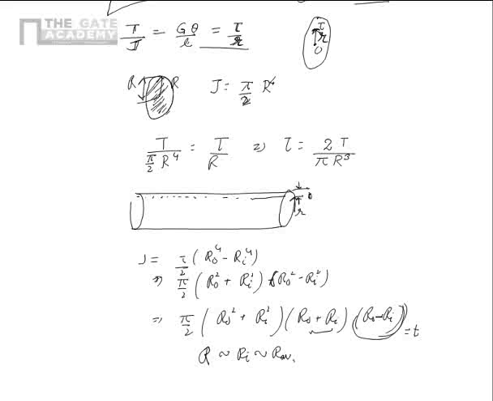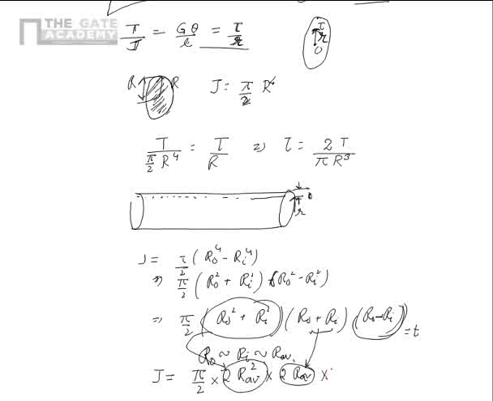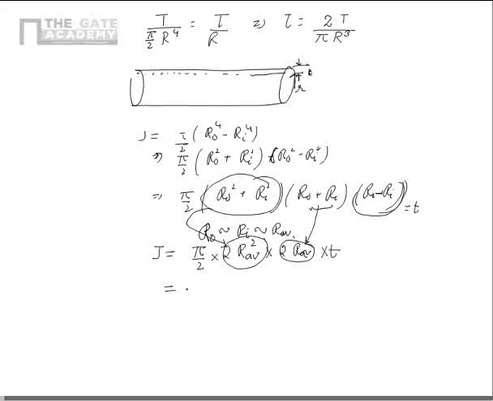Now, that will ensure that I get J is equal to pi by 2, multiplied by 2 times R average square, multiplied by 2 times R average, multiplied by T. So I get J is equal to 2 pi R average cube T. Now using this formula, I can find out the maximum shear stress in the tube.